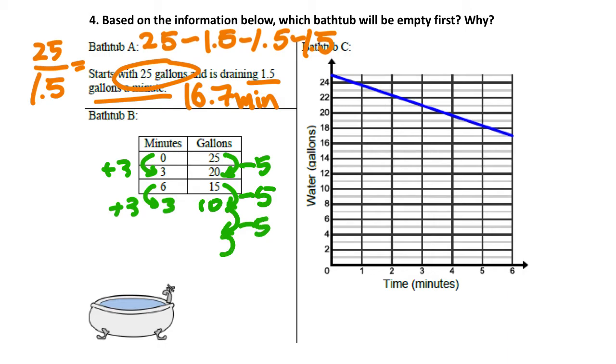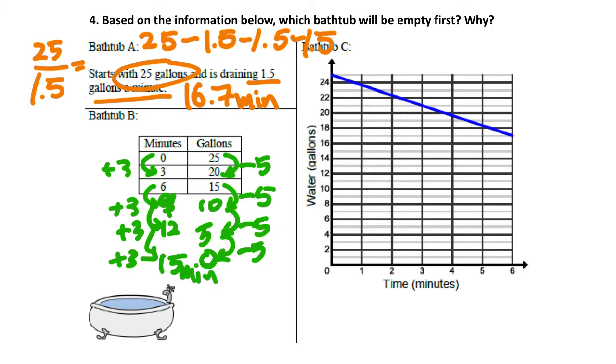Take off another 5, and then another 5, and you'd get to 0. So that would be another 3 minutes from 9, then another 3 minutes. That'd be 12. Another 3 minutes would be 15. So it's going to take 15 minutes. So just between the two that we've done, bathtub B is going to empty first.